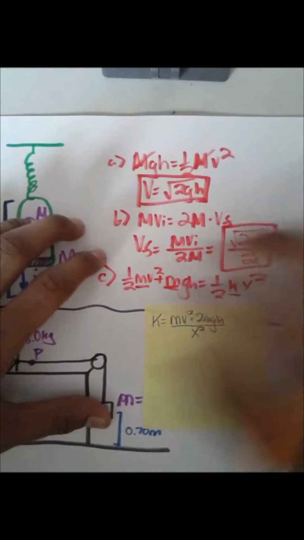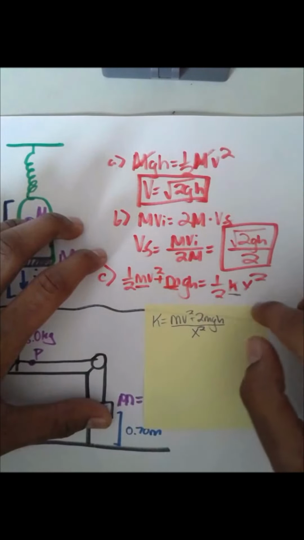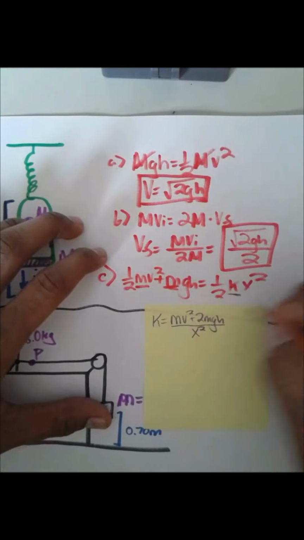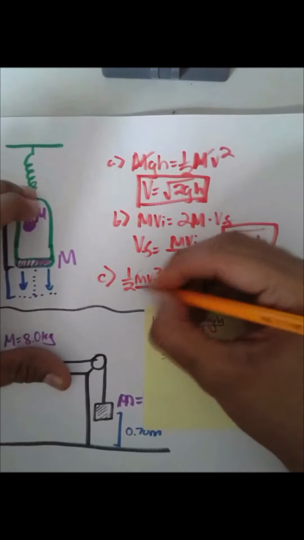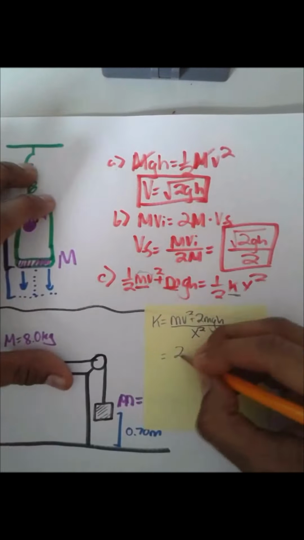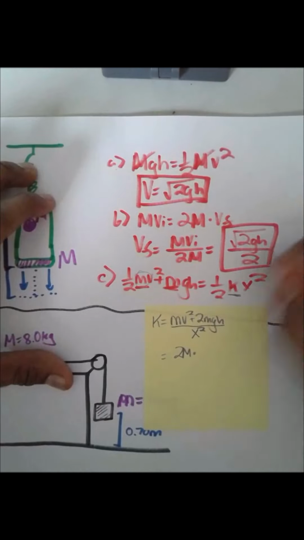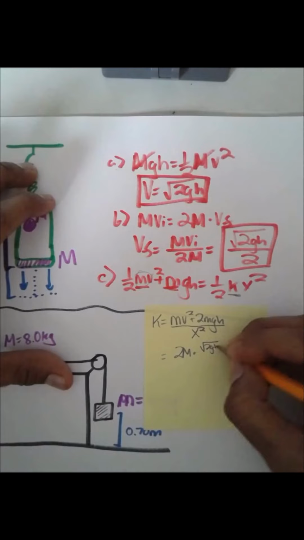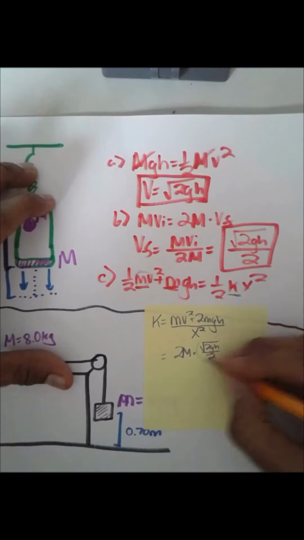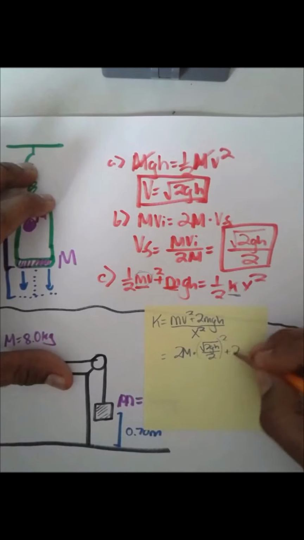So we multiplied everything by 2 and then divided by x squared. Now m, in this case, is actually the mass of both of these objects, so that's 2m times v squared. v squared is this whole guy over here, the square root of 2gh over 2, squared.